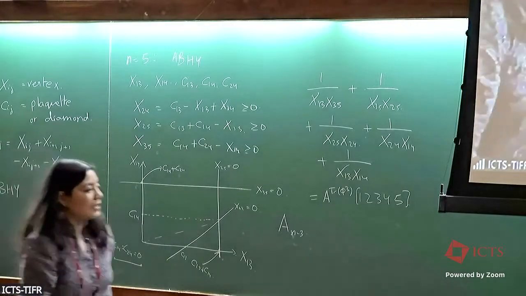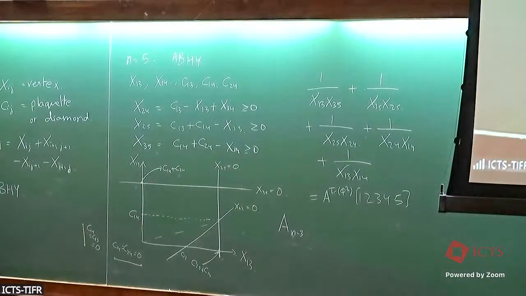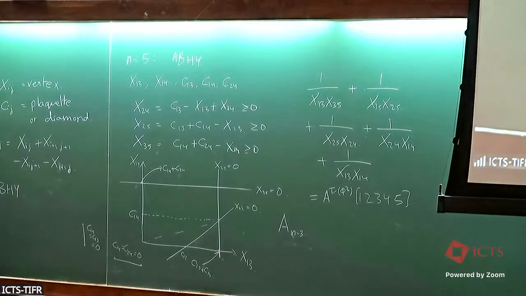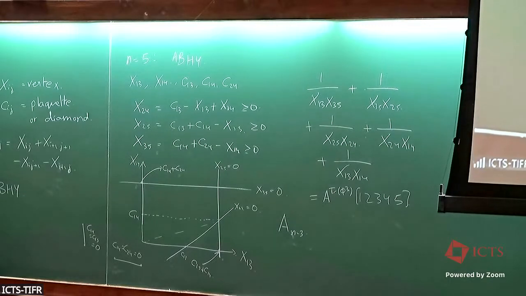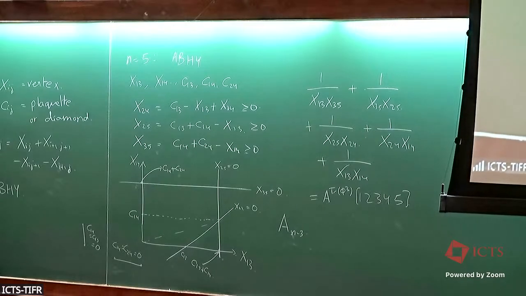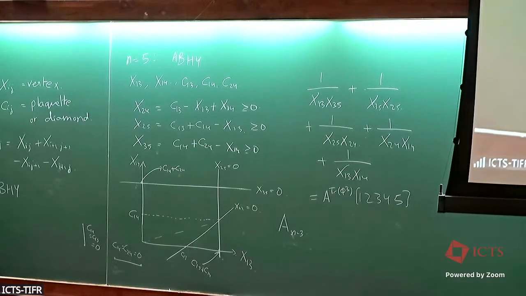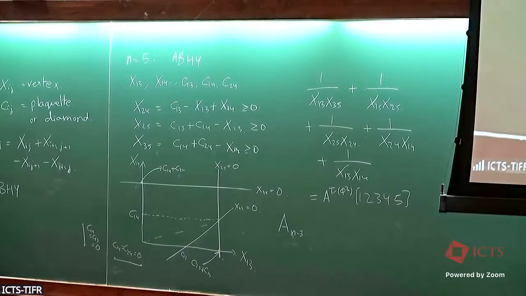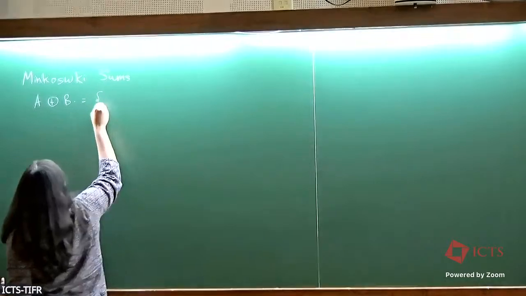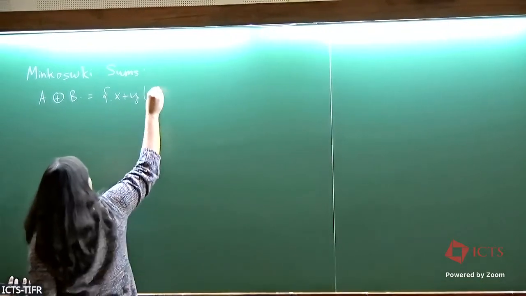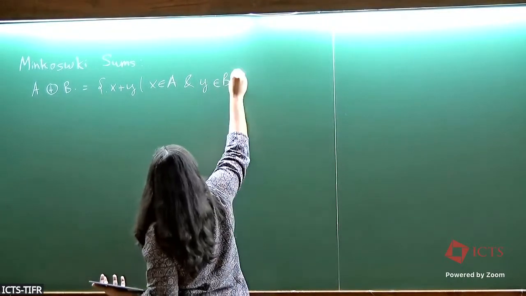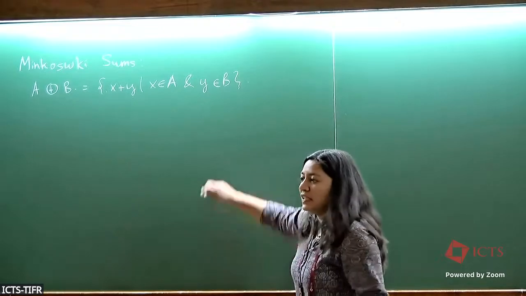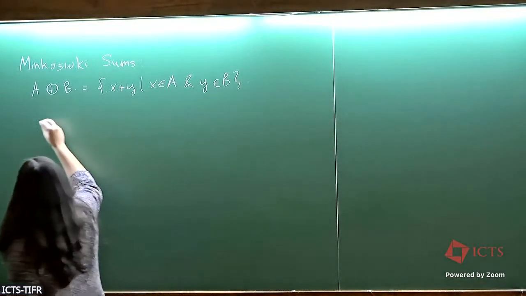And to understand why these limits exist or what they give you, we have to understand something called a Minkowski sum, which Nima briefly mentioned in his lecture yesterday. Okay, so the Minkowski sum of two sets, A plus B, are elements of the type x plus y, such that x belongs to A and y belongs to B. Very innocuous looking definition, but there are nice things you can do with it.